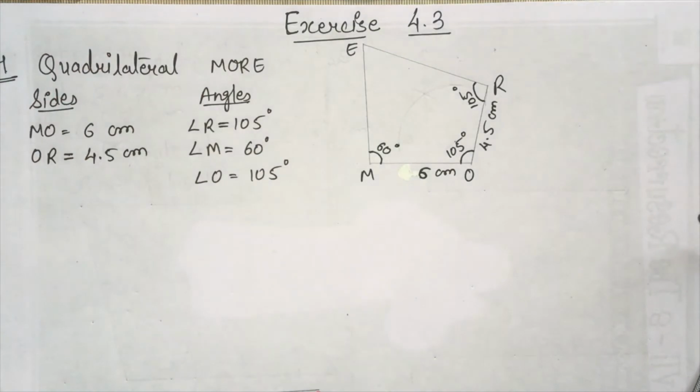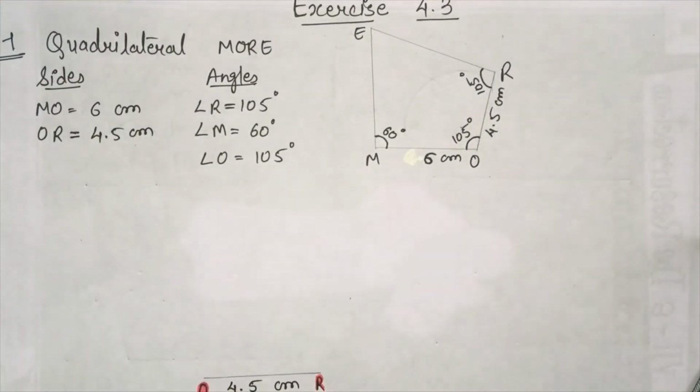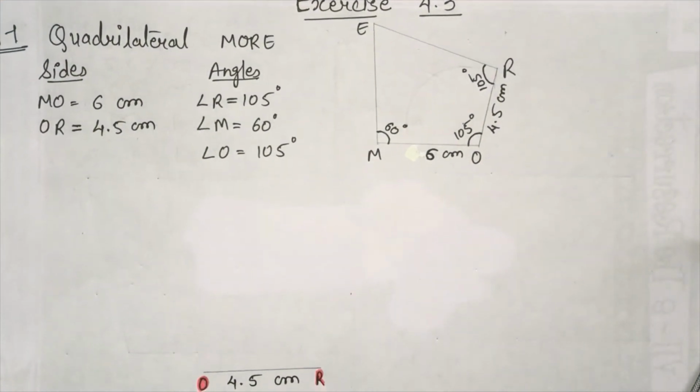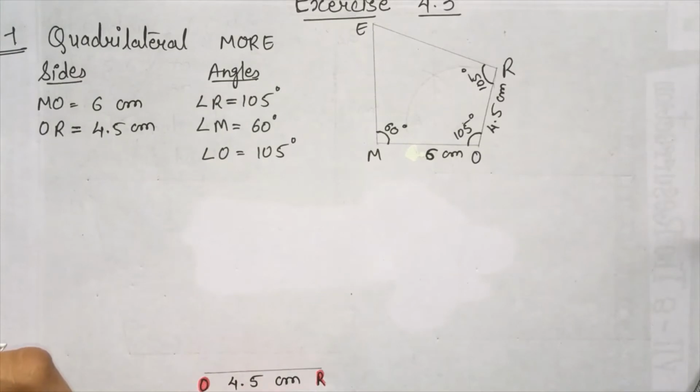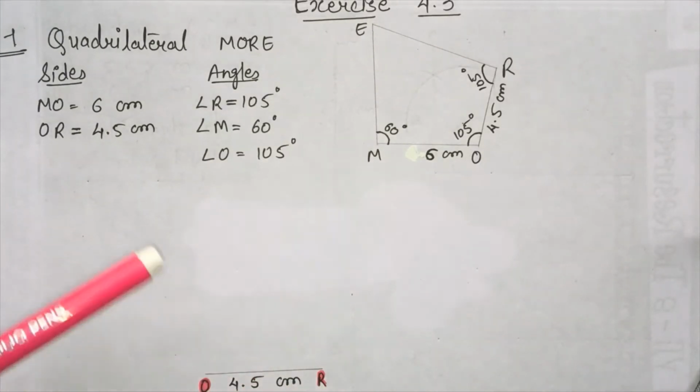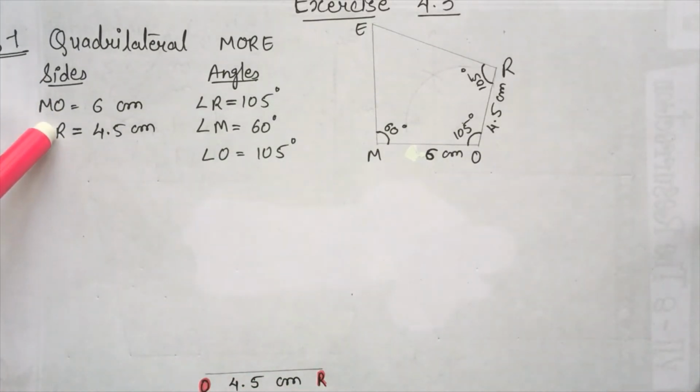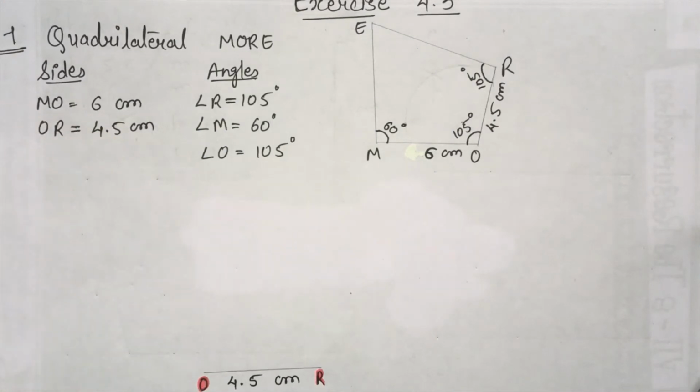Let's start with the construction, where we already have over here line segment 4.5 cm, and we have named it as OR because length of OR we are given is 4.5 cm.